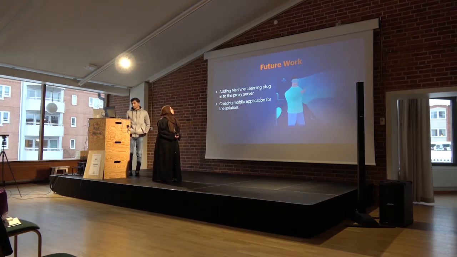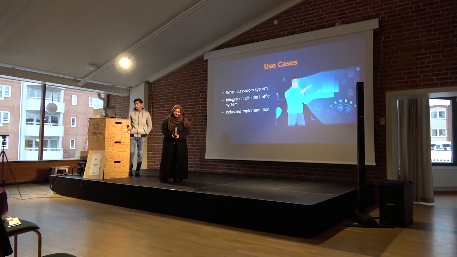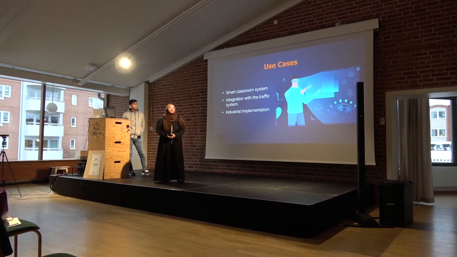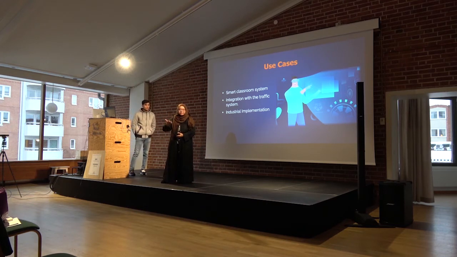Now let's talk a little more about the use cases for our system. For example, we can use it in a smart classroom system, because our studies have shown that there is a relation between lights, music for children, and the noise levels.